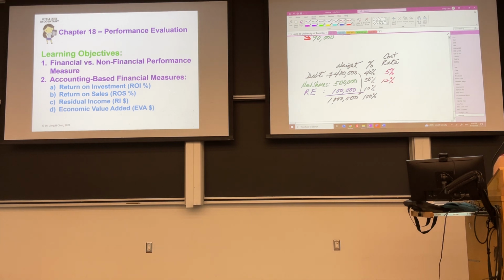An existing shareholder requires 10%. So everybody wants a different amount of return for their money put in the company. You cannot take 5 plus 12 plus 10 divided by 3 evenly because they are not even weights: 40, 50, 10. You cannot do that.